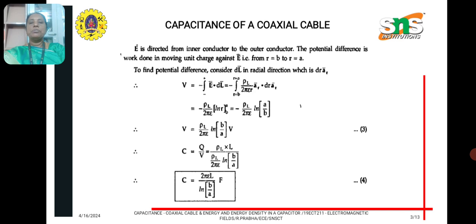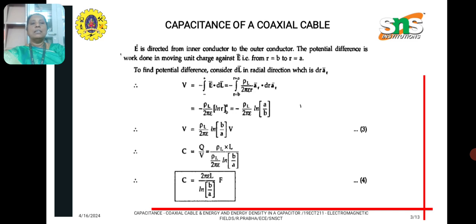So the potential difference V can be given as minus the integral from r equals b to r equals a of rho L by 2 pi epsilon r a_r, and dl is given as a_r dr. We know that a_r dot a_r is equal to 1, and the integration is only for 1 by r into dr. The remaining terms, rho L by 2 pi epsilon, are constants.